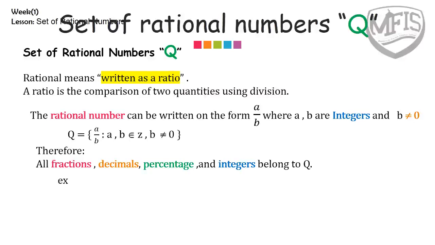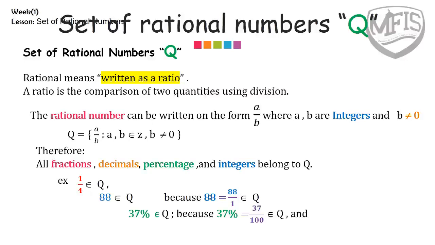Let me give you some examples. A quarter belongs to Q. 88 belongs to Q because 88 is a whole number, but I can put it as a fraction whose denominator equals 1. 88 over 1 belongs to Q. So all whole numbers I can put in the same form, and they also belong to Q. 37% belongs to Q also because 37% equals 37 divided by 100.